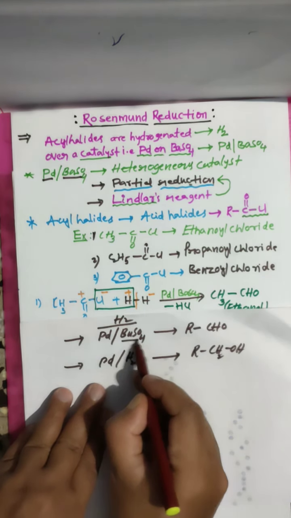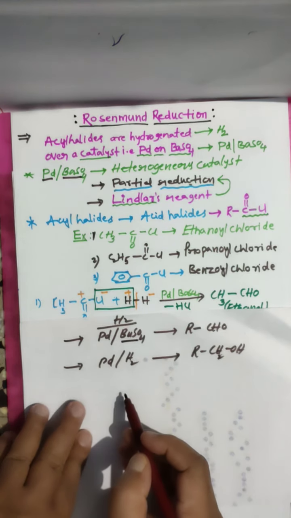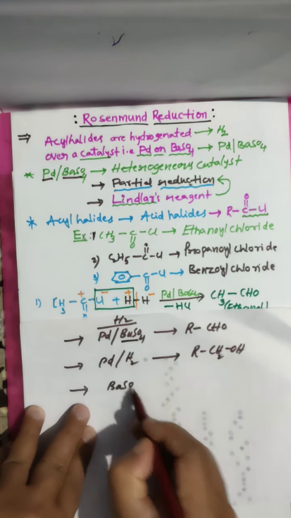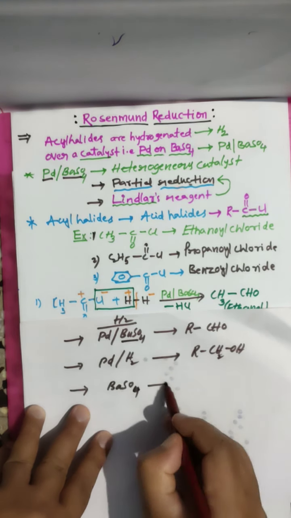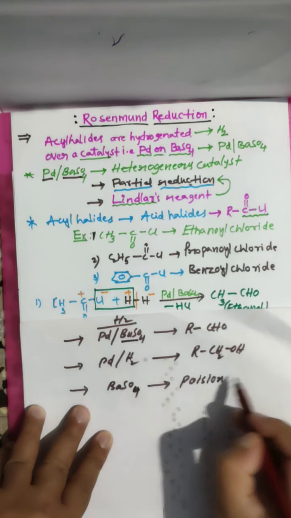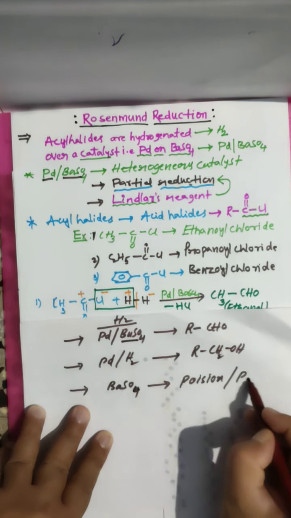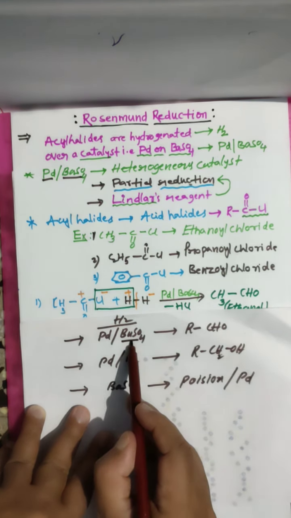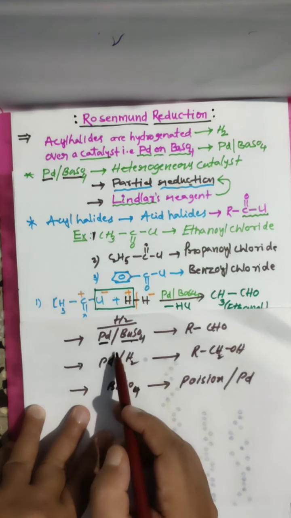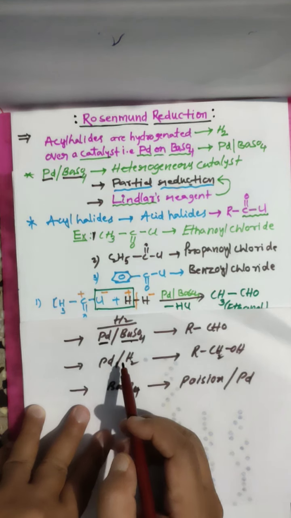This barium sulfate is playing a key role. What will it do? Barium sulfate poisons the palladium. This barium sulfate reduces the reactivity of palladium, then complete reduction is not possible, only partial reduction.